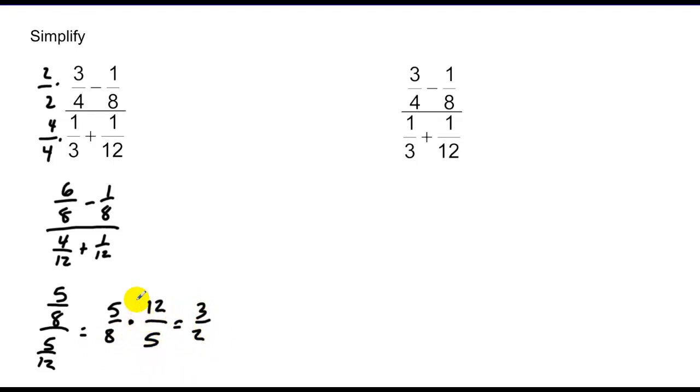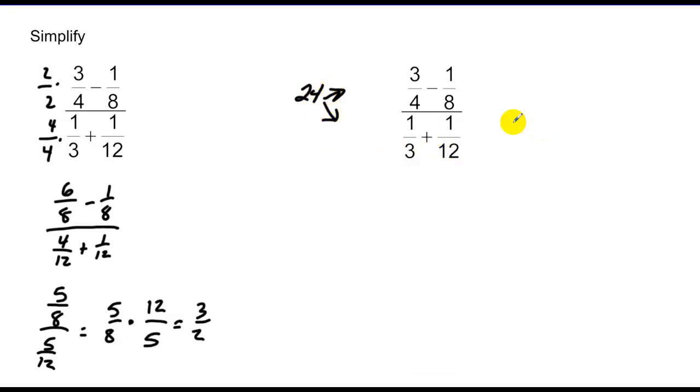The other way is to look for a common denominator of both the numerator terms and the denominator terms. So if I see I have 3, 12, 4, and 8 in that pool of numbers to find my LCD, I say, well, hey, I've got 24 as an LCD for both the numerator and the denominator.